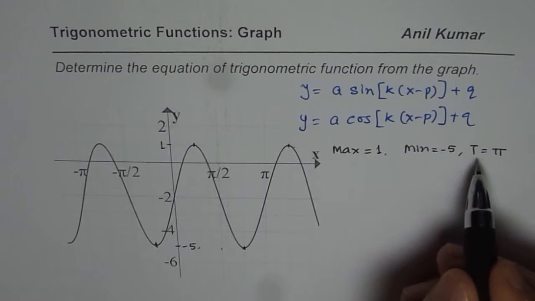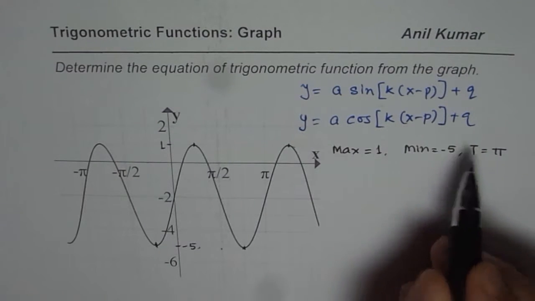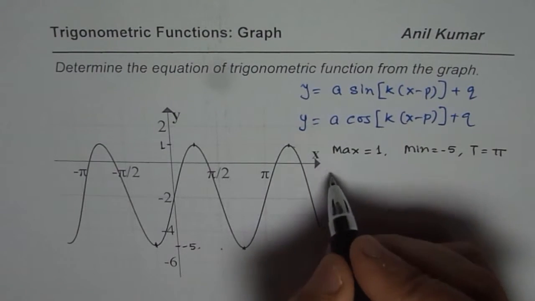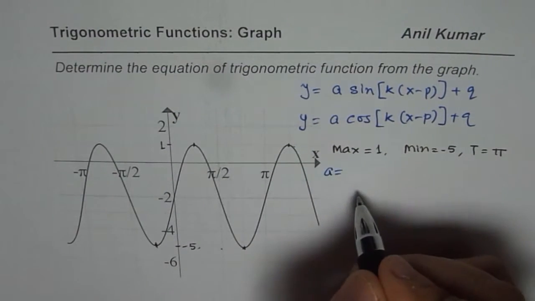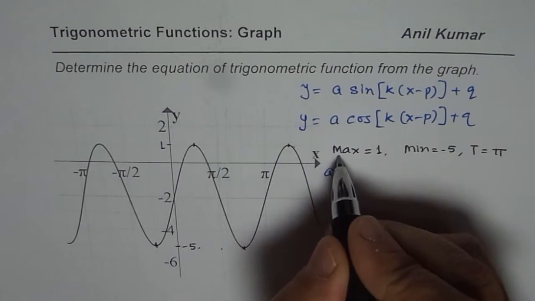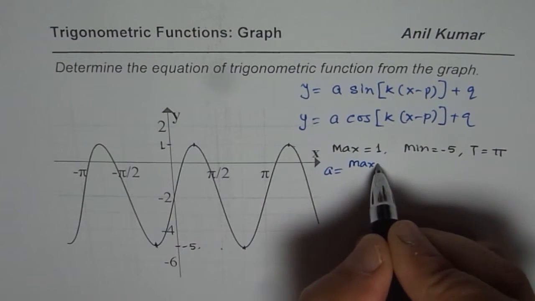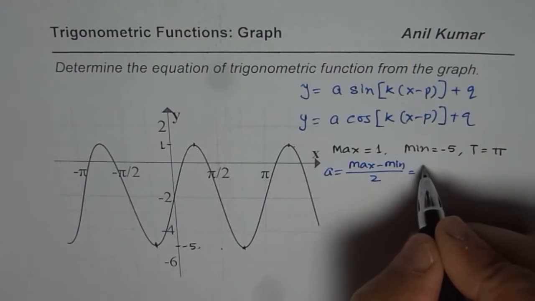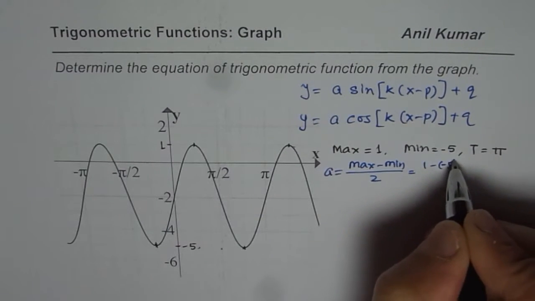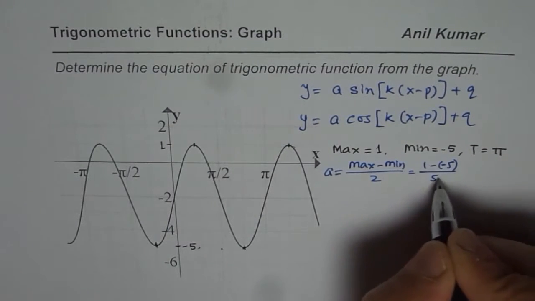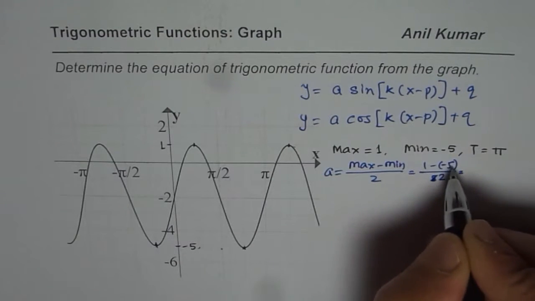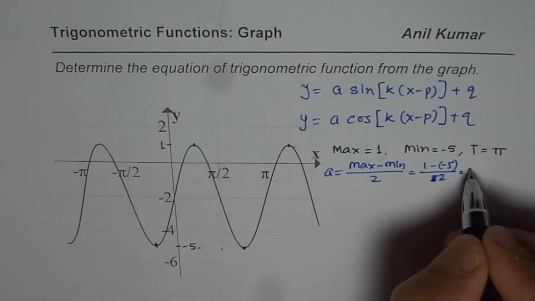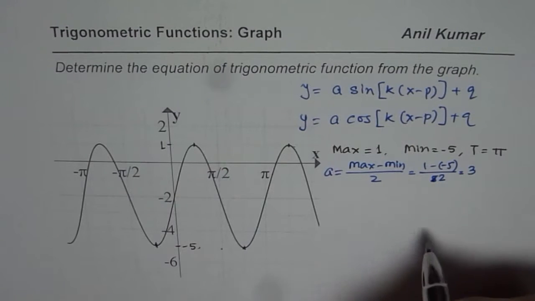Now these parameters will help us find the equation. To find the amplitude A, what should we do? We will take the difference of maximum and minimum and divide by 2. In this case, it is 1 minus minus 5, divided by 2. 1 minus minus 5 is 6, and 6 divided by 2 is 3. So the amplitude is 3.